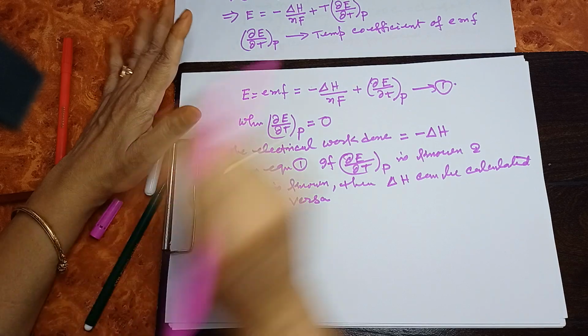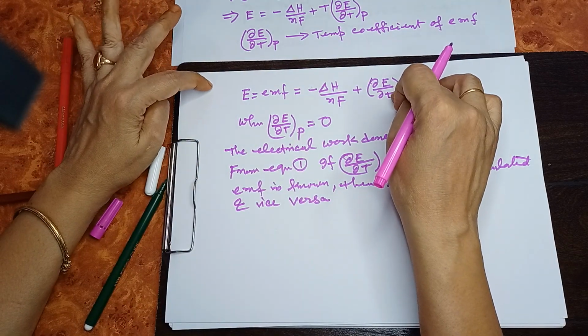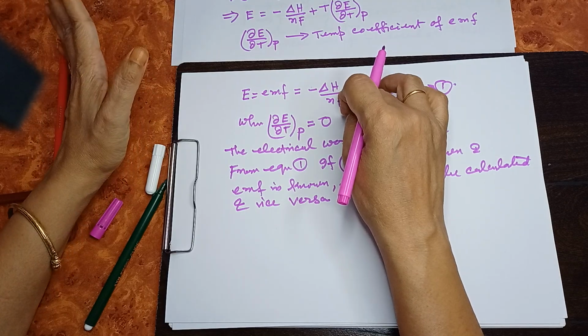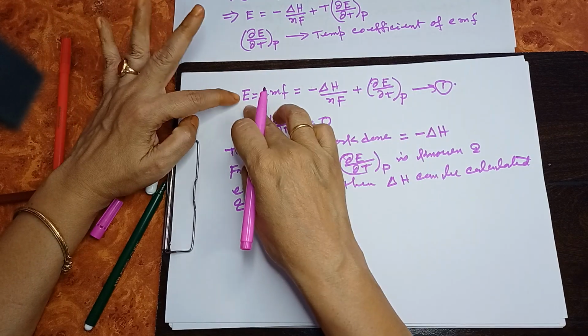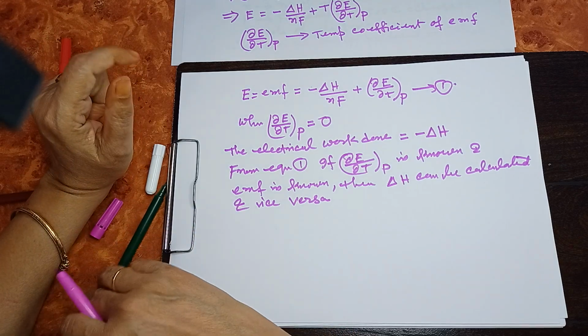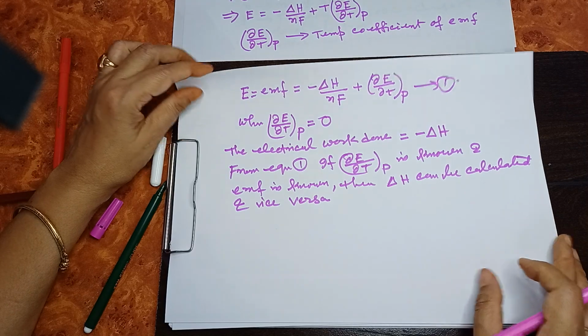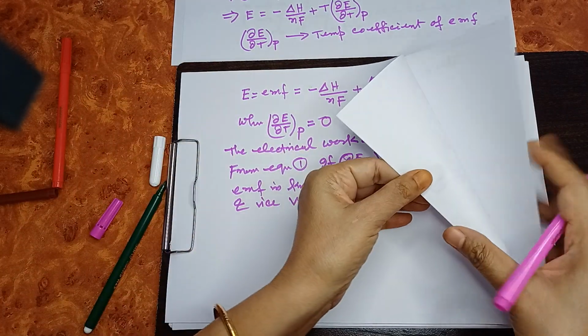That means if the temperature coefficient is known and the change in enthalpy is known, then EMF of the cell can be calculated. Okay, these are the applications of the Gibbs Helmholtz equation.